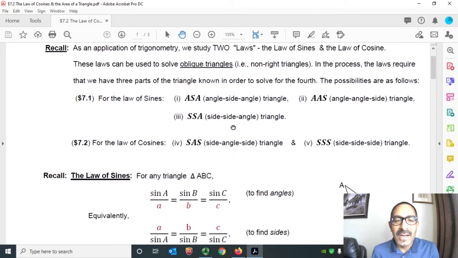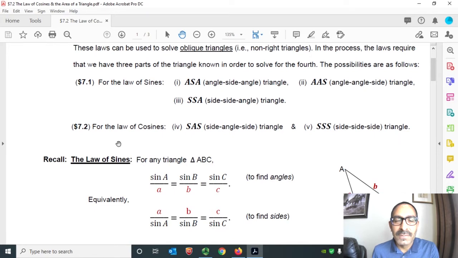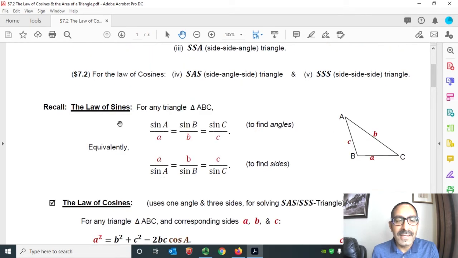Now, in today's class, we are covering the law of cosines. Law of cosines can be used to solve an oblique triangle if we know side, angle, side, and side, side, side of a triangle.